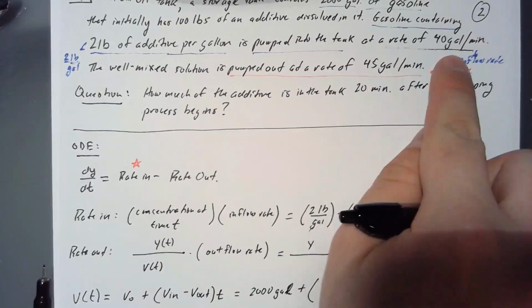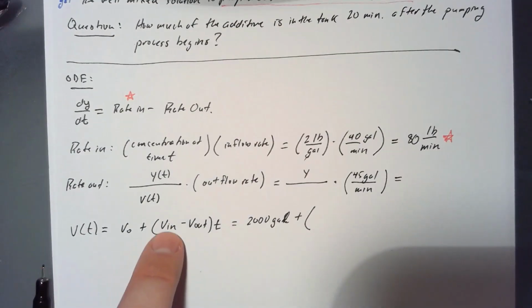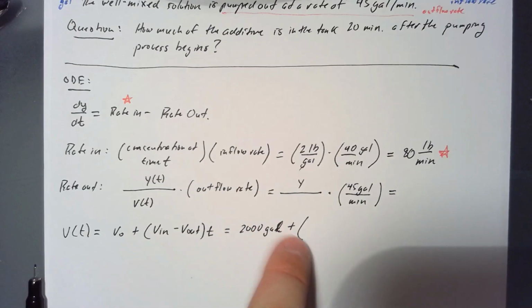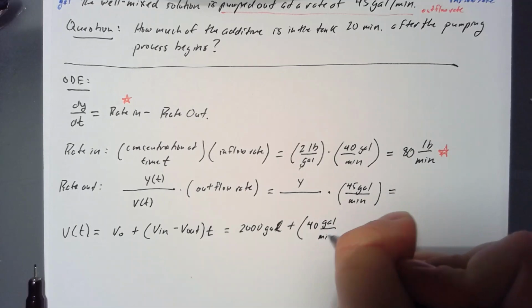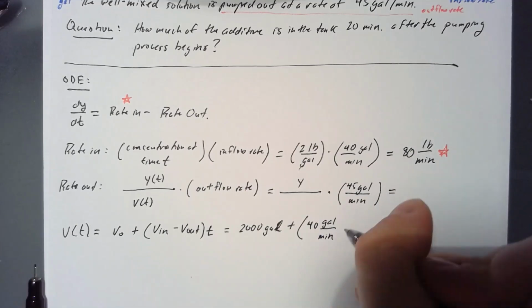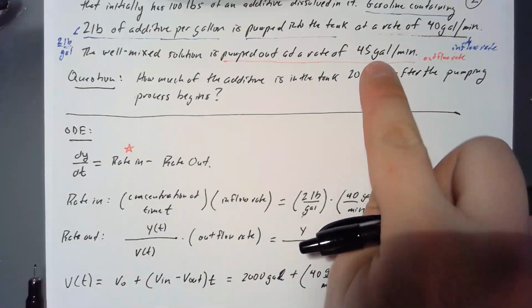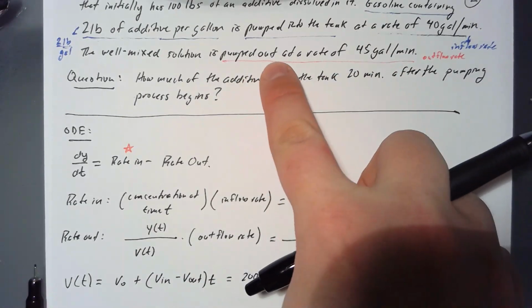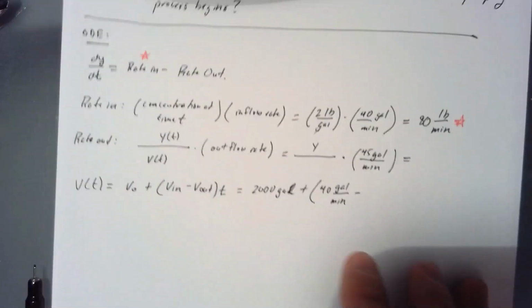So that's coming in at a rate of 40 gallons per minute, minus the volume coming out. It's leaving the tank. That solution is leaving the tank at 45 gallons per minute.